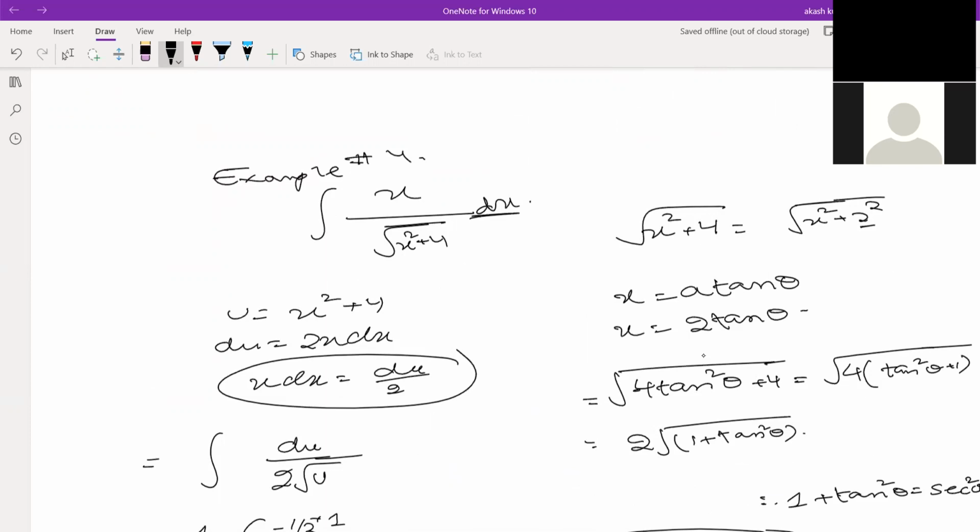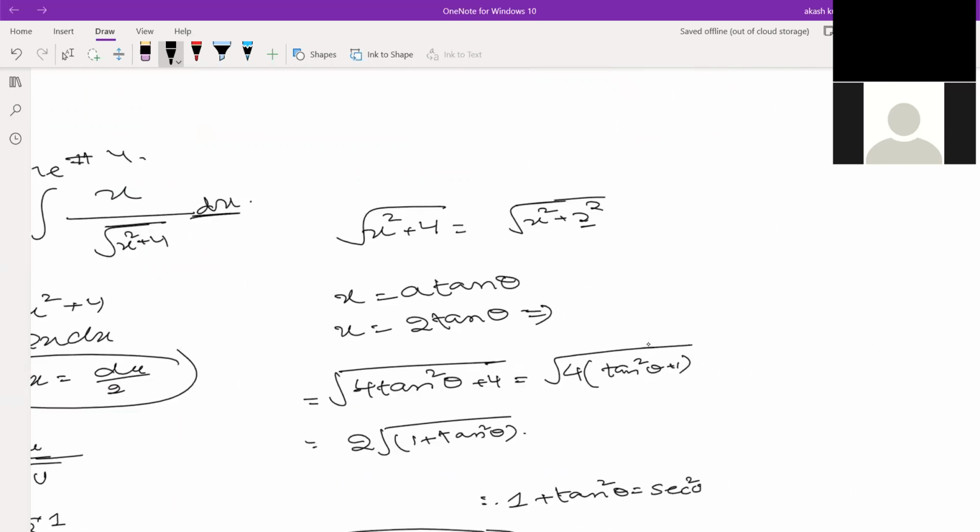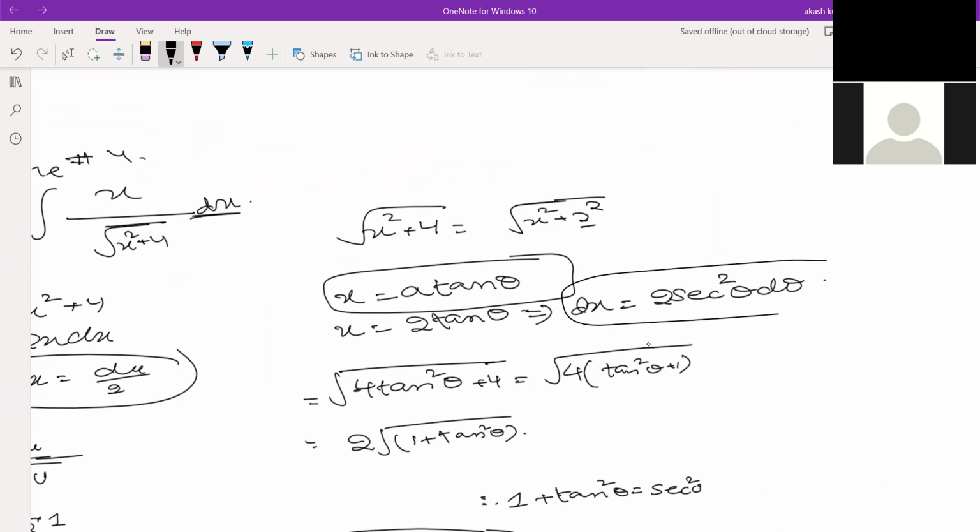So for that, we have to differentiate it. When differentiating, x becomes dx, 2 is constant, the derivative of tan theta is sec squared theta d theta. So instead of dx, I can write 2 sec squared theta d theta.